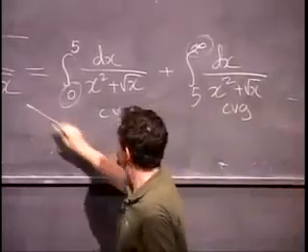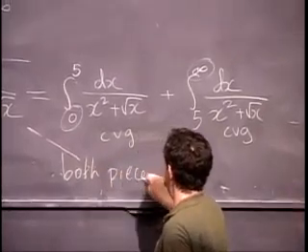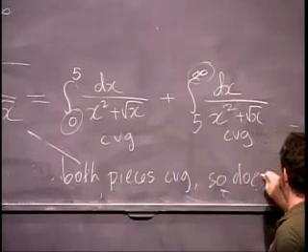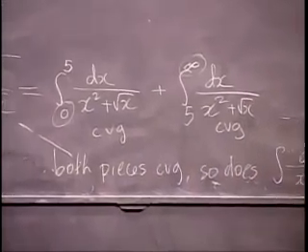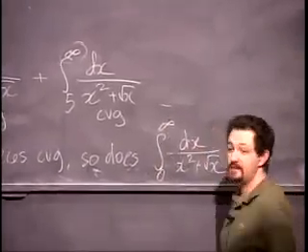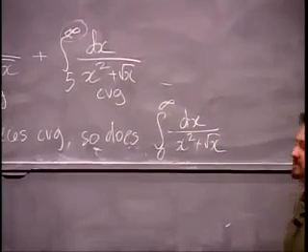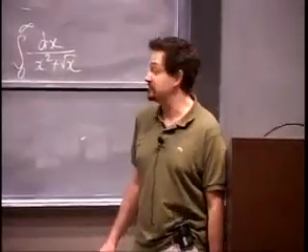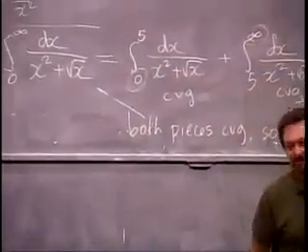Therefore, both pieces converge, so does the original integral. What if one converges and one diverges, or indeed if both diverge, or anything like that? Well, then the whole thing diverges. If any piece diverges, the whole thing does. And you don't even have to bother checking any remaining pieces. If you had checked this and it happened to diverge, that one doesn't matter.